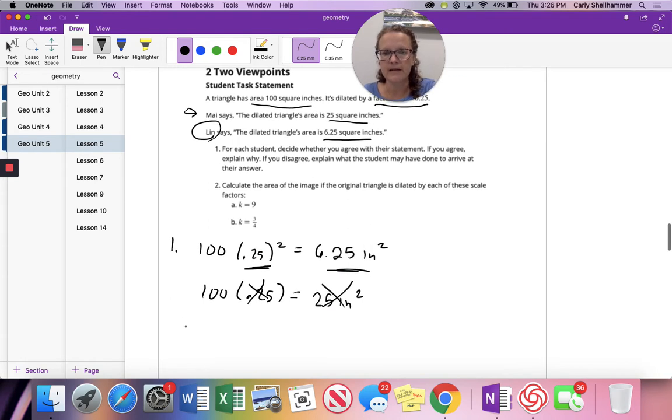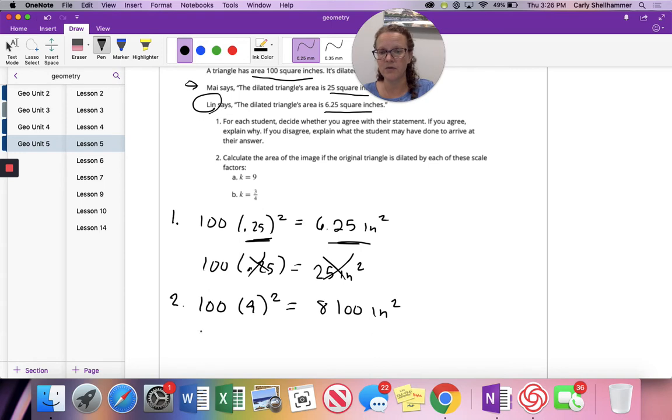Now, let's calculate the area of the image of the original triangle dilated by each of these scale factors. If we have the original and we have a scale factor of 9, it's bigger, right? Our answer is going to be 8,100 inches squared.